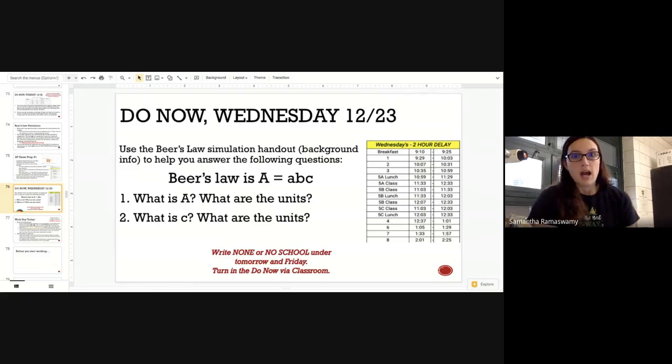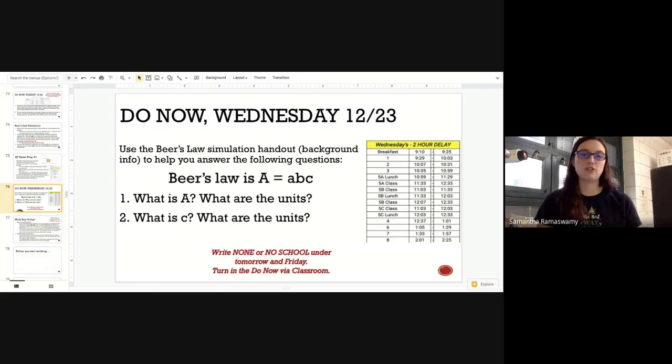At some point today, make sure you turn in the do now via Google Classroom. There is already an assignment up to make sure you get that do now turned in. Right after break, we'll start a new do now sheet.